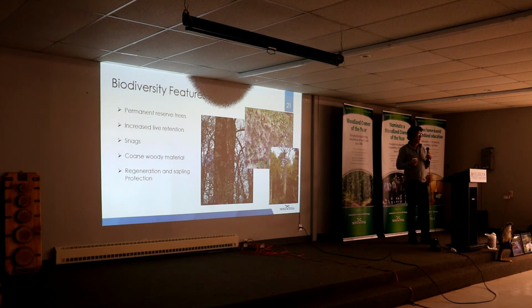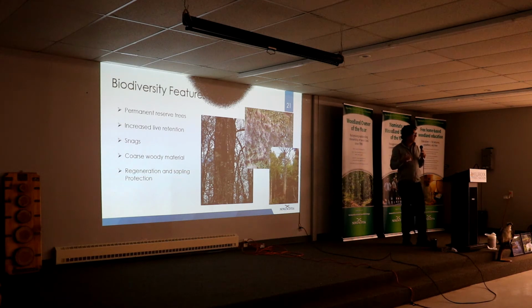So these permanent reserve trees are things like super canopy trees, like a white pine growing 5 meters above your canopy, cavity trees, trees that are rare for your stand or your site or your woodland, mast trees like red oak, and of course, across the board, increased levels of living retention. So the amount of basal area or trees that we're keeping on the woodland after these treatments is going to be higher across the board.